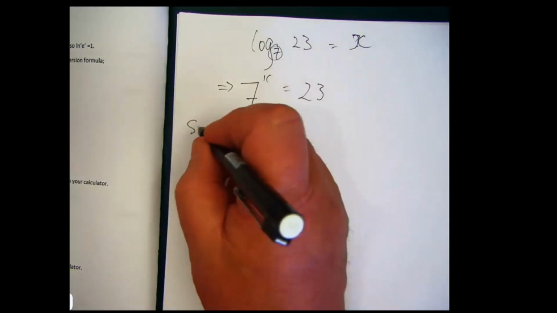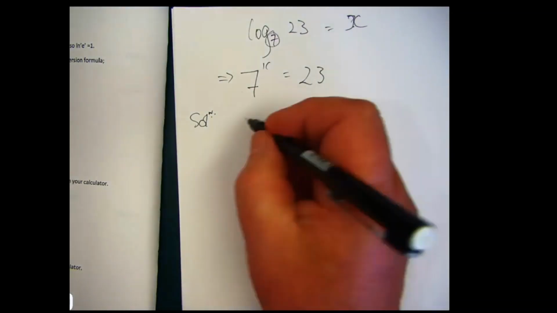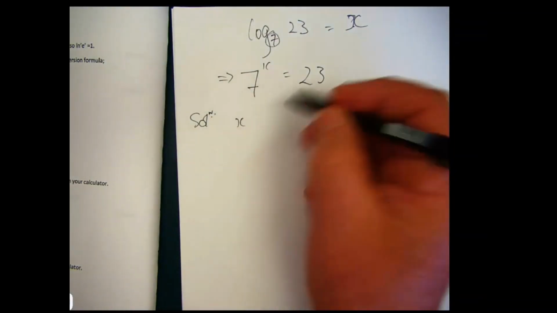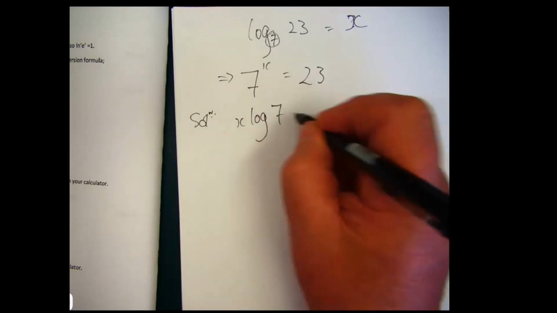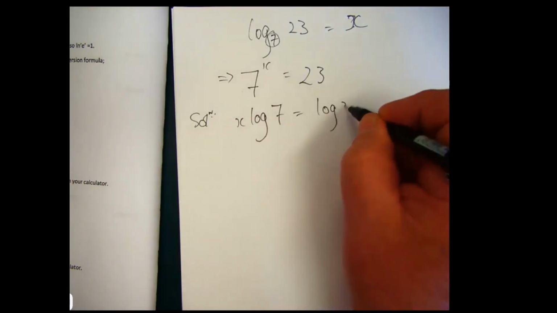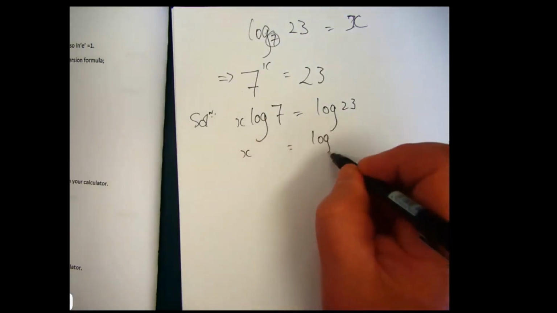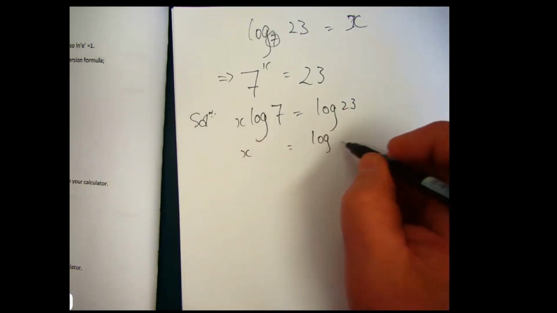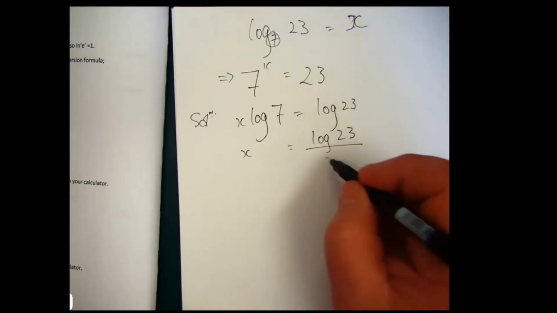The solution here becomes quite straightforward. Let's use log base 10. I like that, that's kind of nice. x equals log 23 over log 7; we won't bother writing the base because we know it's log as opposed to ln.